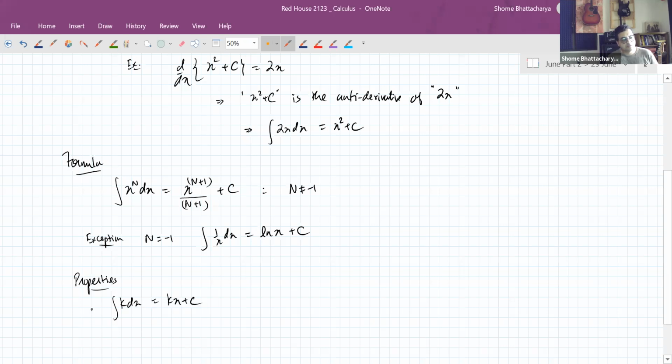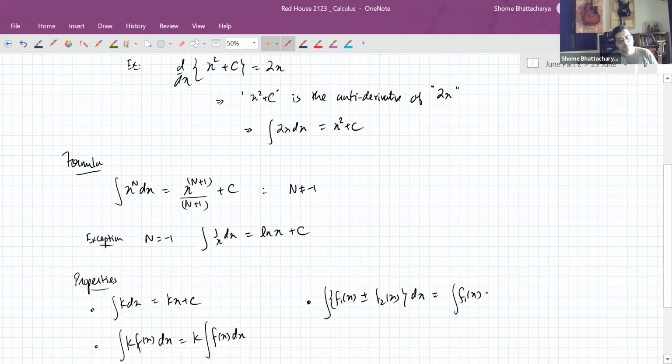Integration of a constant multiplied by a function is the constant times the integration of the function, and integration of the sum or difference of two functions can be split, like a distributive property, as the sum or difference of the individual functions. So this is all that we've learned about integration till now.